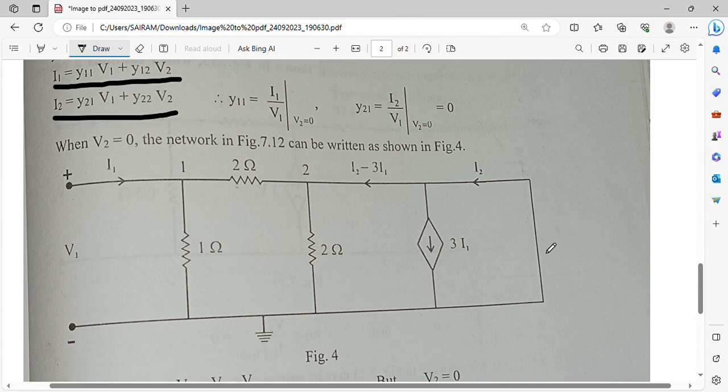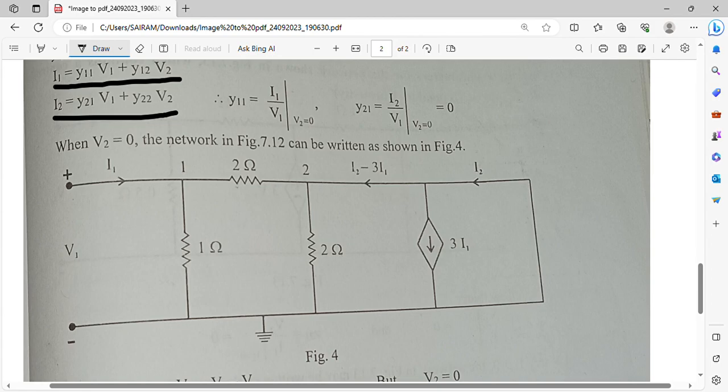I'm so sorry, if the voltage is equal to 0, then it is a short circuit, and if the current is equal to 0, it is an open circuit. We have already discussed this in Thevenin's and Norton's theorems, and also with respect to the superposition theorem, right?